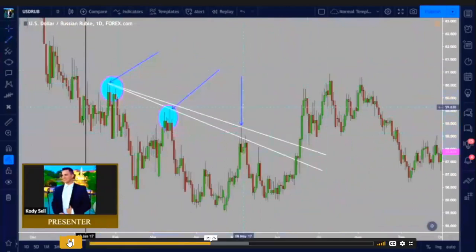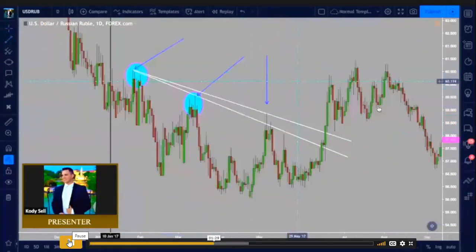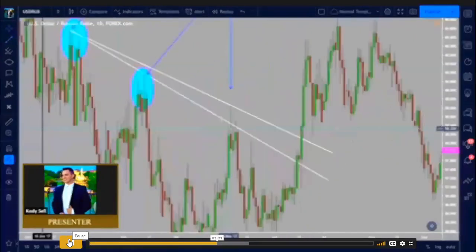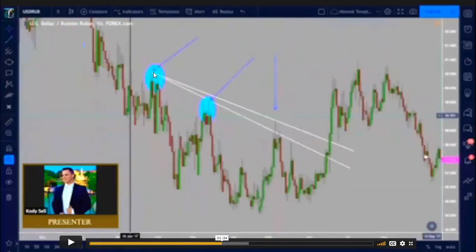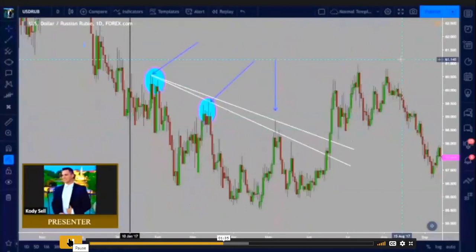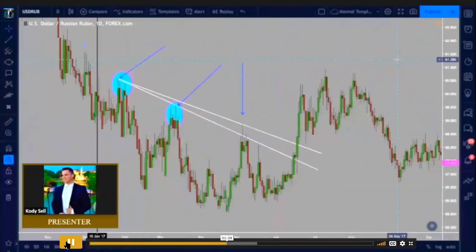You guys see how that's still a valid trend line, because we got a touch here and a touch here? Yes. All right.